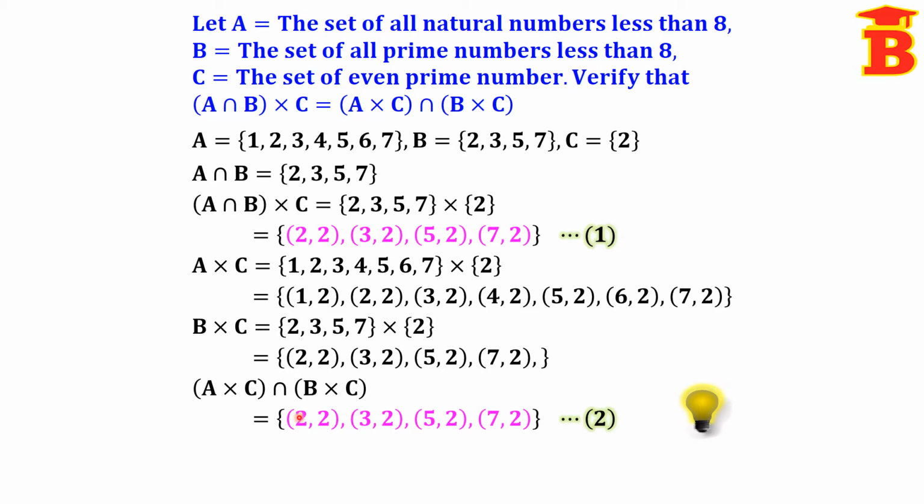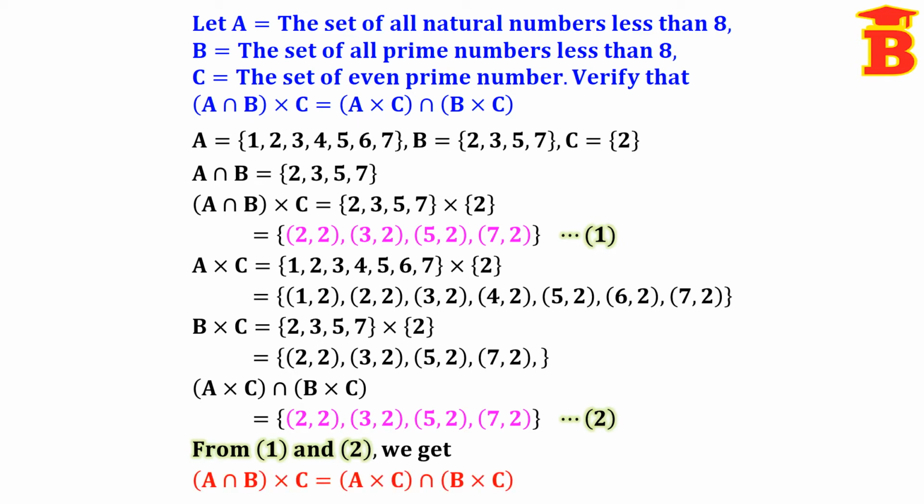Check the common elements: (2, 2) is common, and also (3, 2) is common, and (5, 2) is common, and also (7, 2) is common. So therefore from 1 and 2 we get the answer: A intersection B cross C equals A cross C intersection B cross C.